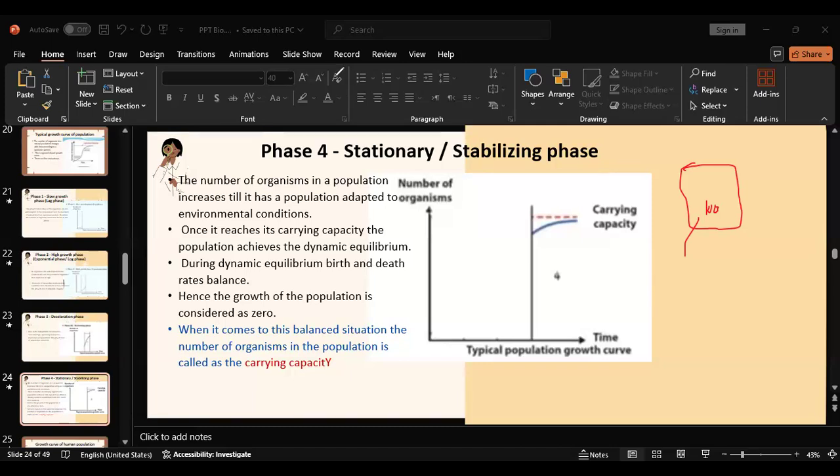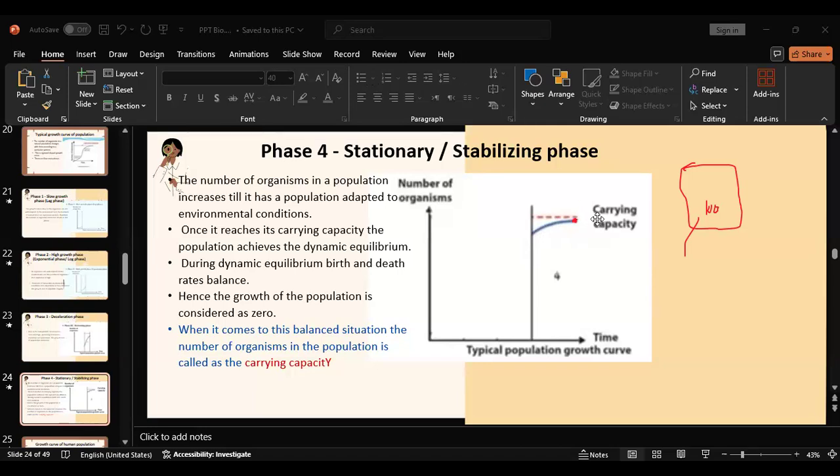So the environment cannot bear a lot of individuals. Here it declines gradually, and because of the food shortage, predation, and parasitism, it is stopped at a certain point.